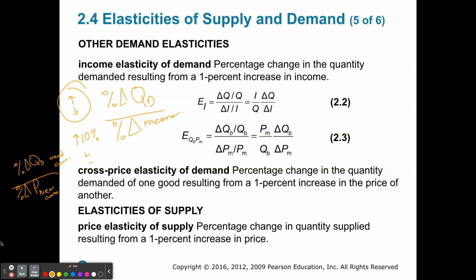Because I could also get to work on the bus, but the demand for bus tickets is very different because that's a whole different experience riding the bus than it is driving your own car to work. And then we could also calculate the price elasticity of supply, where we look at how sensitive producers are to changes in price.